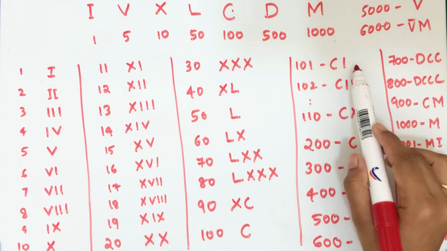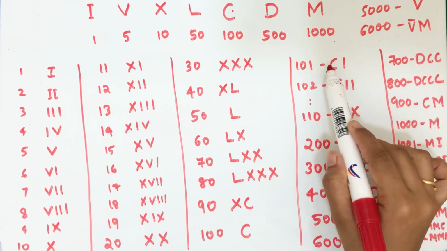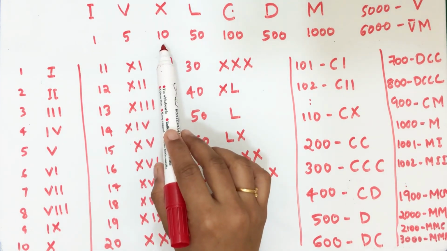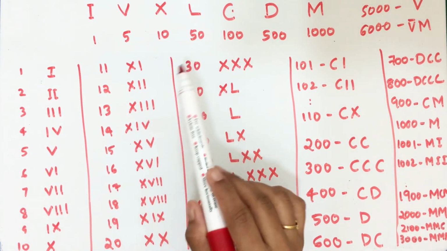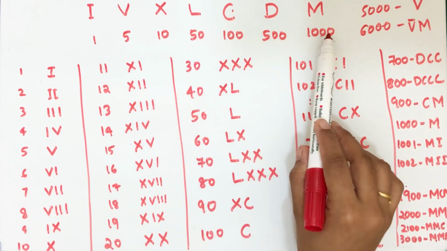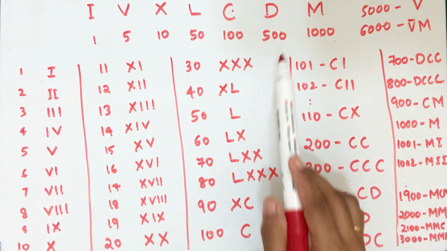Here see 101. Here 1 is added to 100, but 1 is not subtracted from 100. Like that, 10 is subtracted from 50, 100 and 1000 only. You can notice, not from 500.